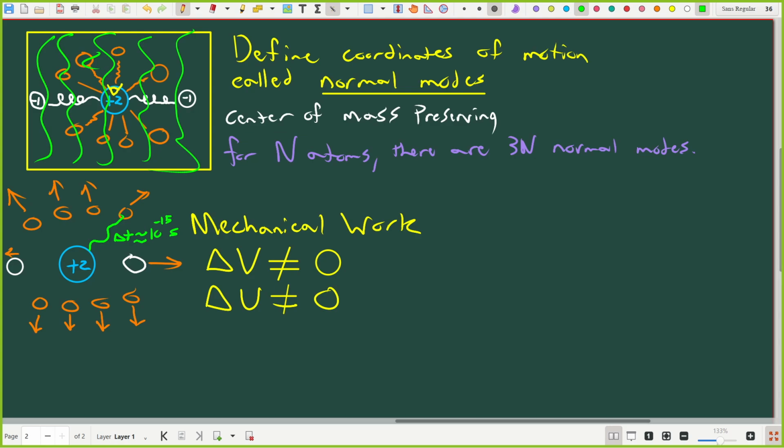So these atoms are bouncing back and forth 10 to the 15 times a second. You can't see them move, but you can see the response, and this response is macroscopic. It changes the volume. If the system's moving along this path, it's stretching the box. It's a macroscopic effect.